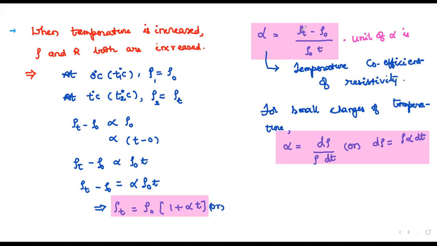Yes, Srinidhi Priya, correct. Rho T minus rho naught has unit ohm meter, and rho naught has unit ohm meter, so ohm meter gets cancelled. Only the temperature unit you will get in the denominator, per degree Celsius. This will be the unit.